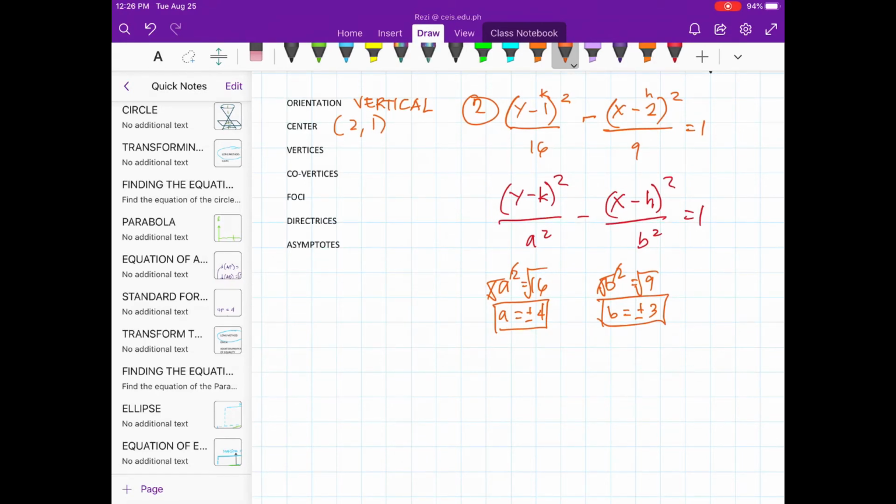Our a is on the y, therefore our vertices is starting at 2, comma 1 plus 4 is 5, and the other one is 2, comma 1 minus 4 is negative 3.